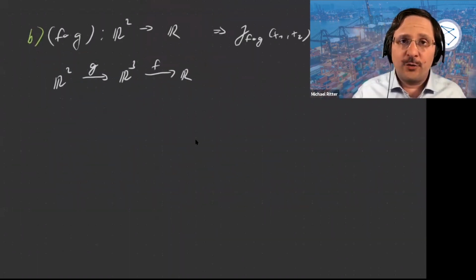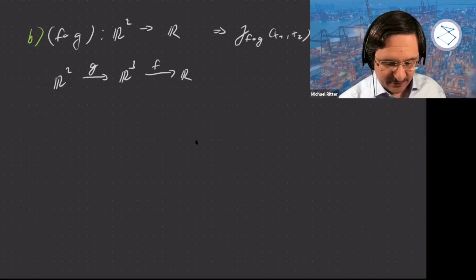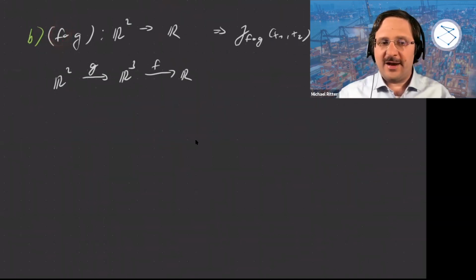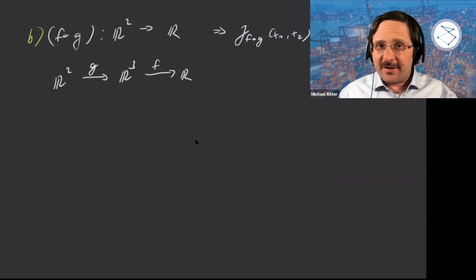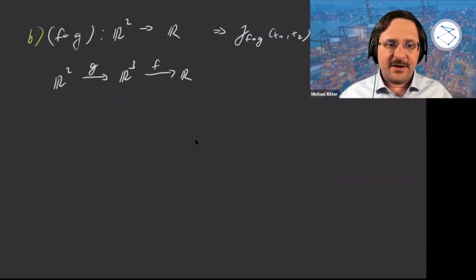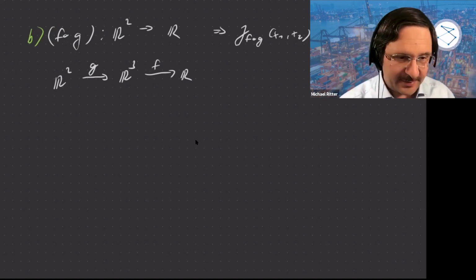Remember how the chain rule works in the one-dimensional case. You differentiate the outer function first. The outer function is f, the one that's applied last. You compute the derivative of that, apply that to g of x, and then multiply by the derivative of g. Basically the same thing is happening here.